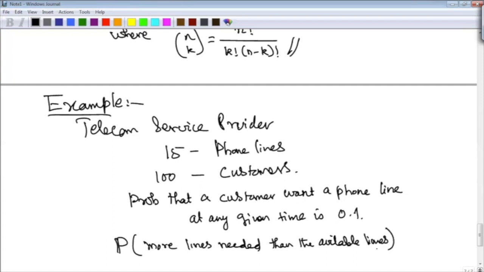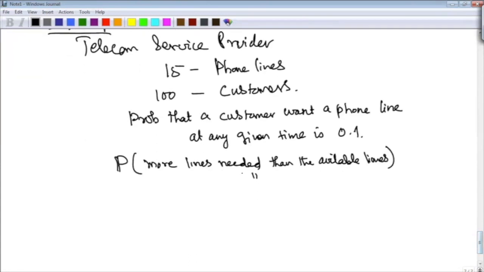That is, more than 15 customers want to make a phone call at any given time. So suppose k number of people; Ck is the event that k lines are needed.